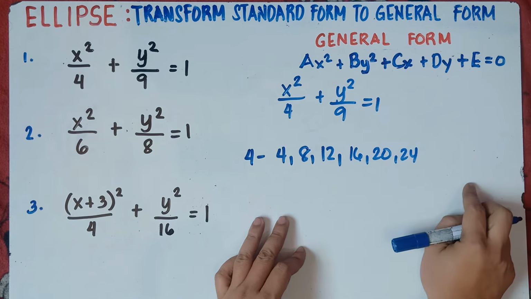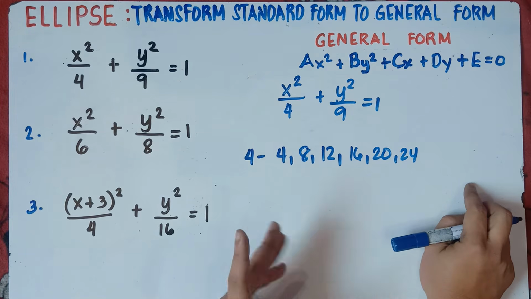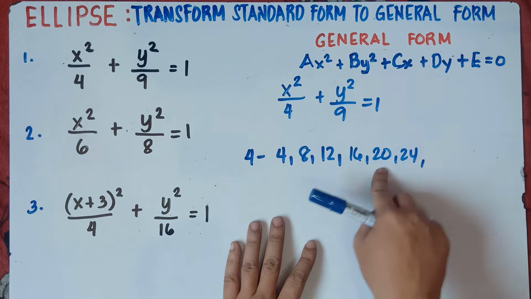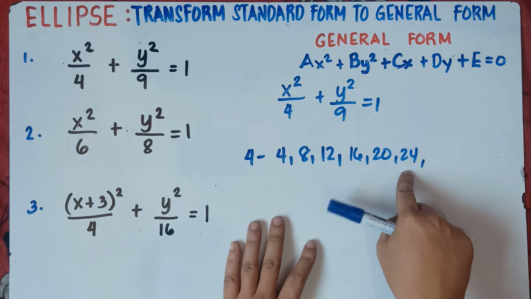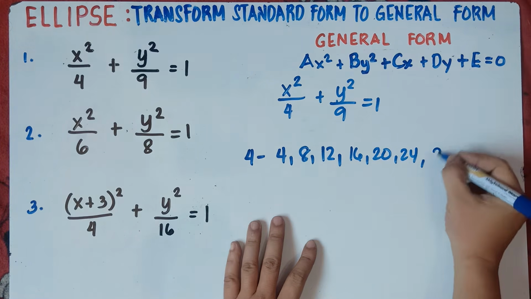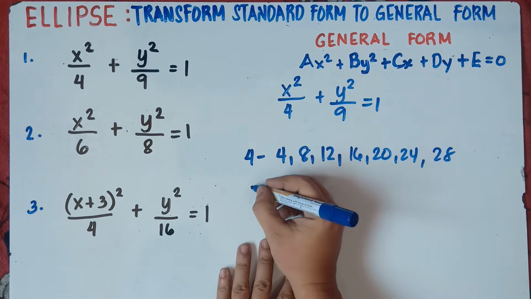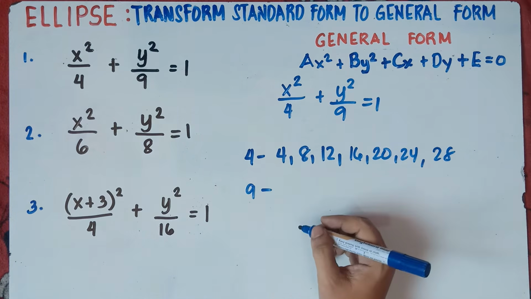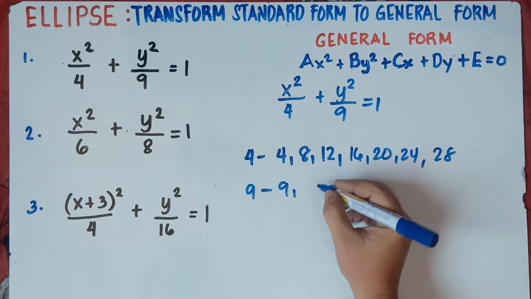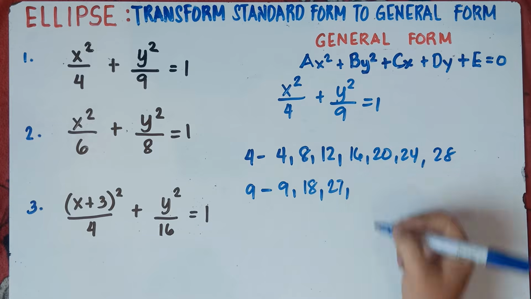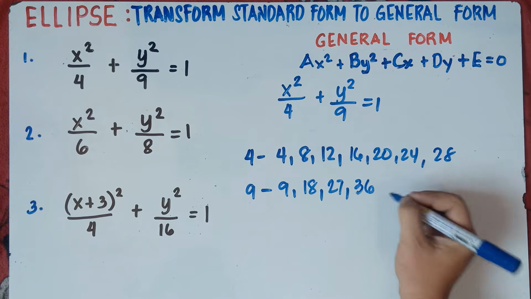Just add 4. 4 times 5 is 20, 4 times 6 is 24, 4 times 7 is 28. These are the multiples of 4. For the multiples of 9, you have 9 times 1 is 9, 9 times 2 is 18, 9 times 3 is 27, 9 times 4 is 36, and so on.